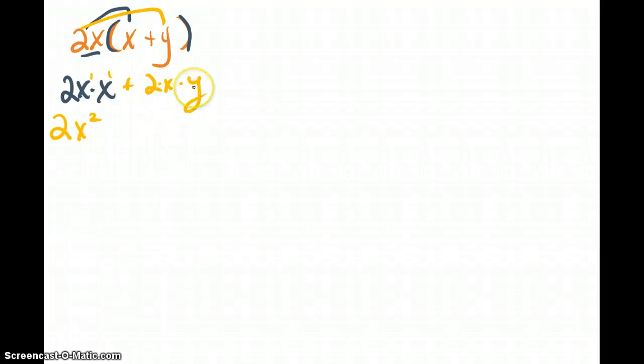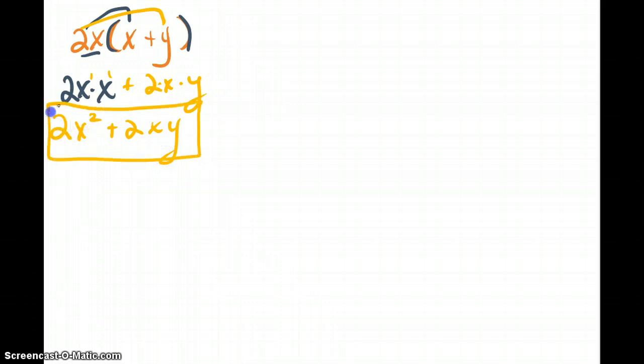If we have x times y, we cannot do anything with that, but we still have to show that they're multiplied together. So we're just going to leave those as xy's. And you're going to see this on your homework problems. So make sure that you have this example down and that you understand how we're going to show that these are multiplied together.